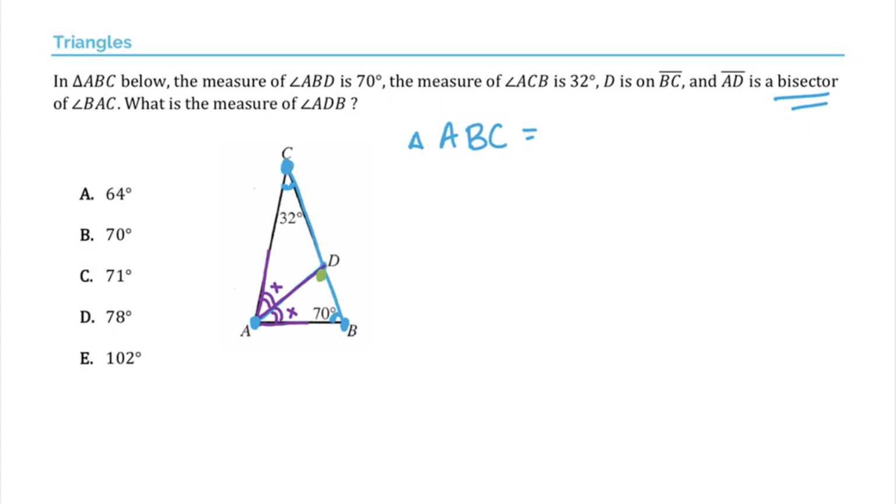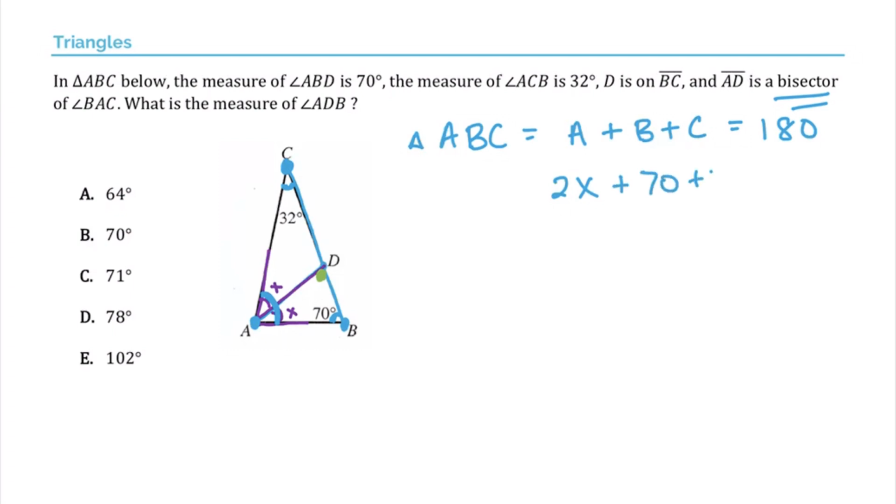If you look at that big triangle ABC, if you remember that all those angles are going to add up to 180, then you know that A plus B plus C has to equal 180 degrees. Well, angle A right here is the same thing as an X plus another X. So that's 2X is going to be that angle.